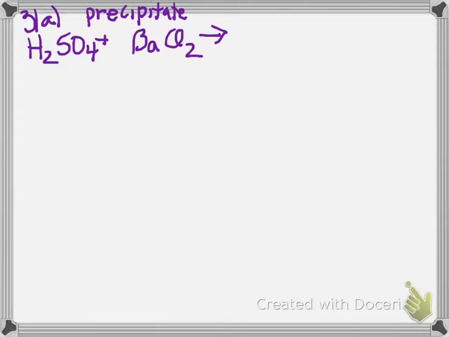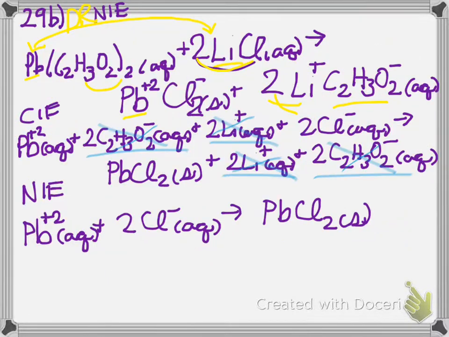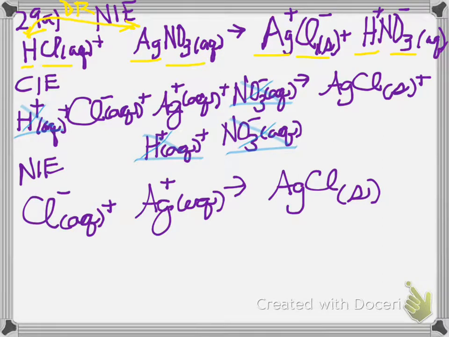All right, question number 30. I kind of skipped it here, but it says identify the spectator ions in each reaction in problem 29. We already did that, right? So to identify our spectators, for letter A, you have kind of two choices. You could say H plus and NO3 minus, or you can give their names.